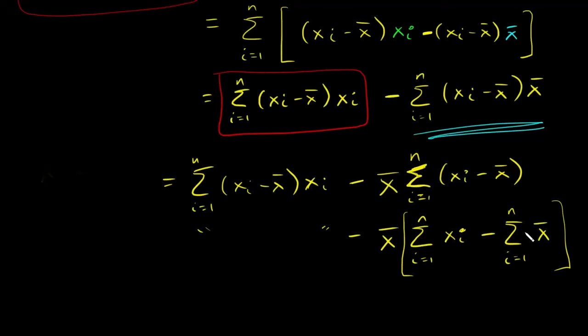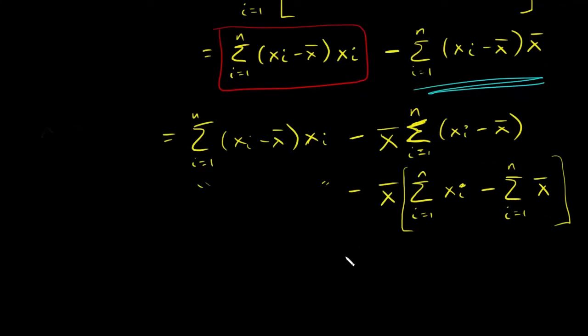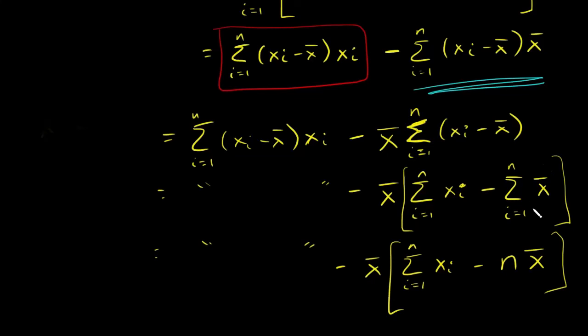Now, once again, this does not involve an i, but it's being summed over i times, right? So this front piece stays the same, I have x bar out front, and I leave the sum from i equals 1 to n of xi alone. And then this is n x bars, right? I'm summing the same number n times, so there's n of them: n times x bar.